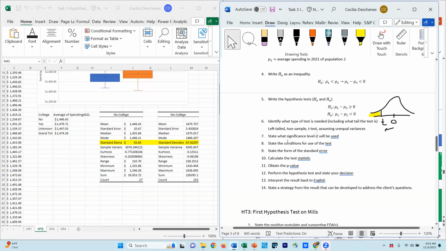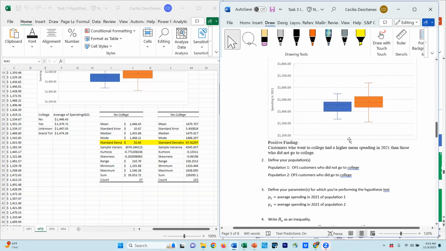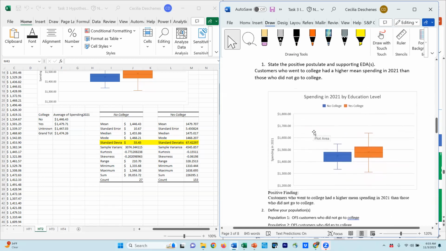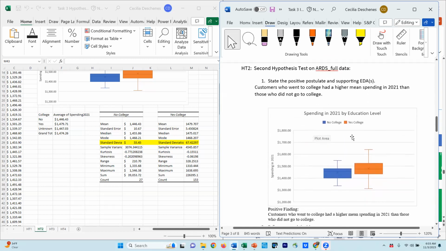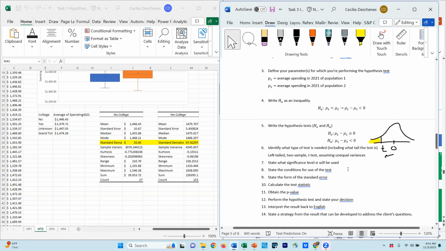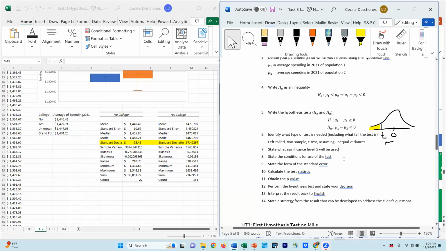Okay, so what significance level? All right, so this one, again, people who go to college or not go to college, that could really impact marketing direction, I think, and how you go about doing things.